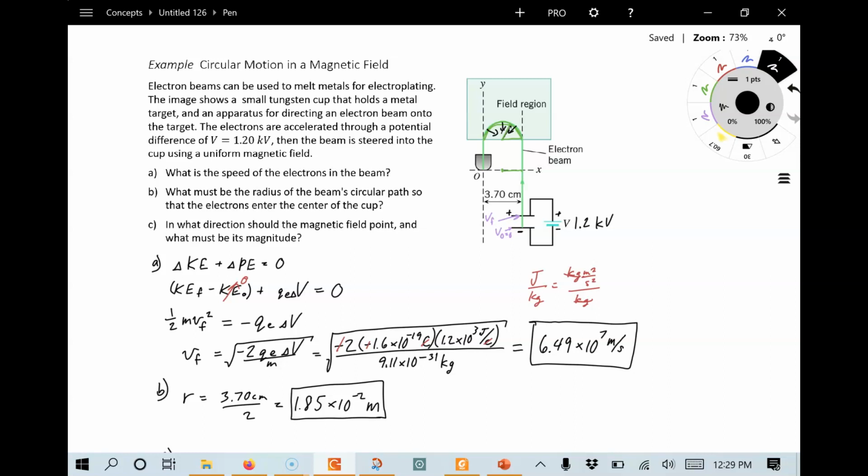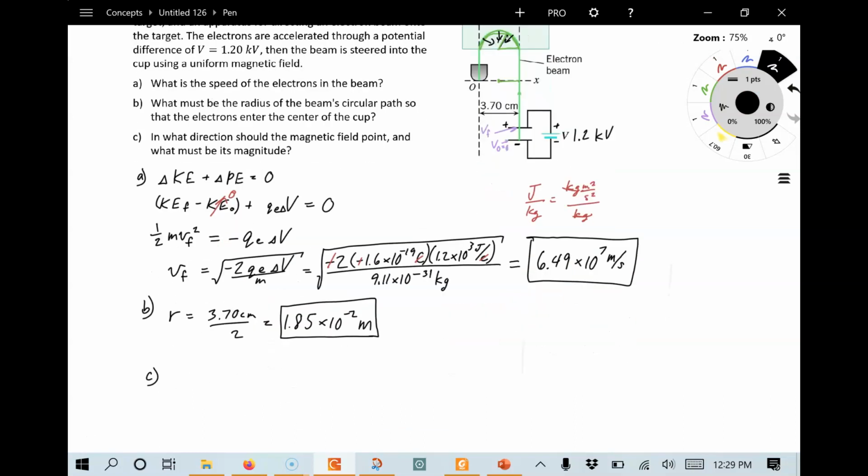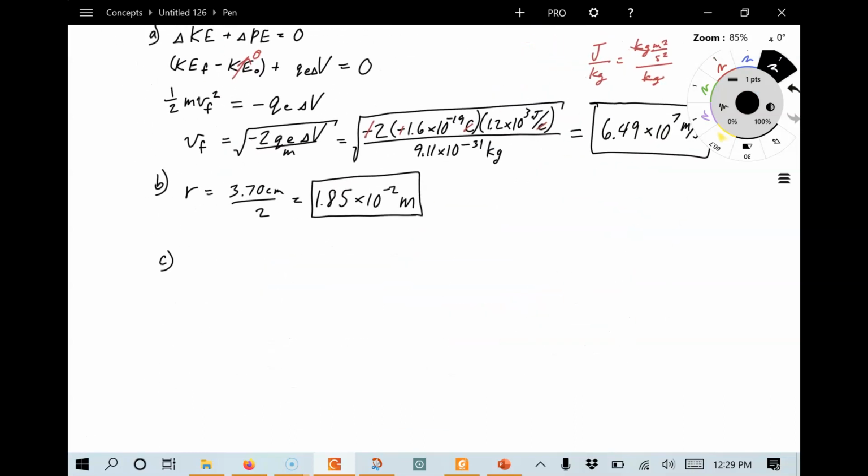So in this case, it's going to be the magnetic force that is pointing, because in this region we've got a magnetic field everywhere. And so we've got a force that's going to point towards the center that's produced by the magnetic force.